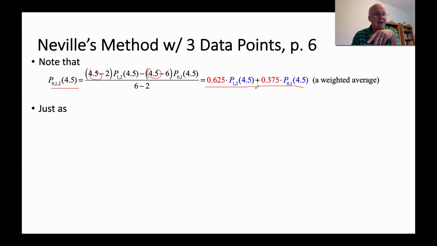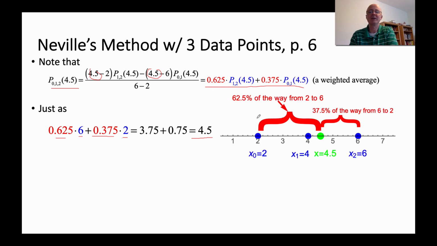Those are two numbers that do add up to 1. And it's analogous to the fact that the same kind of linear combination with the same weights of 6 and 2, the second node x2 and the 0th node x0, gives you 4.5.